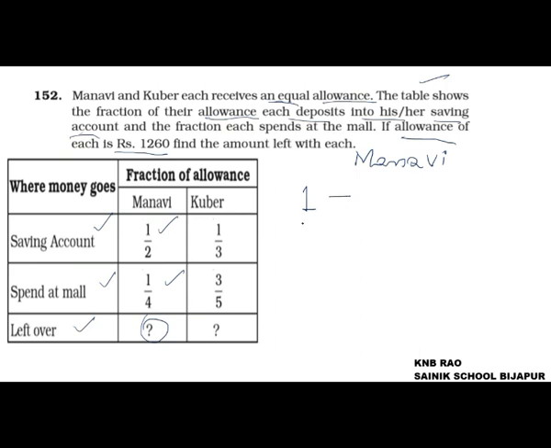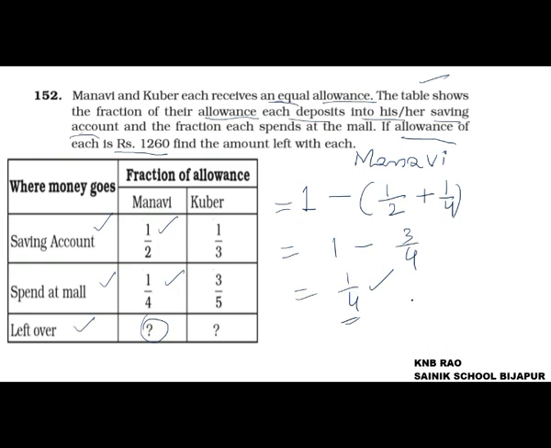If we consider one full, in that he is saving half, we will subtract that from 1, and he is spending 1/4 at the mall, so this also we have to take away. That means the sum of the fractions half and 1/4 taken away from 1. So 1 minus half and 1/4. 1/4 is nothing but quarter. So half plus quarter is 3/4. So 1 minus 3/4 is quarter. So this much portion is left over. So fraction wise, 1/4 is left over with Manvi.